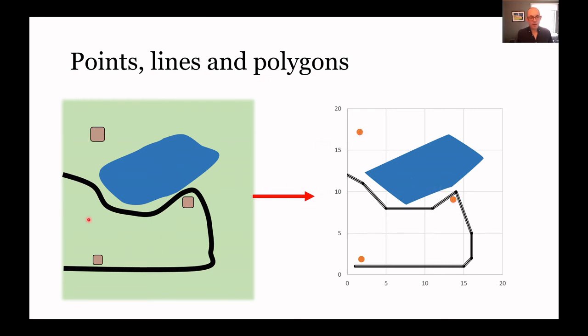We have a road here that becomes a line going around here, and then we have this lake, presumably, here as a polygon object. So they've then been entered into our GIS. We've gone from the reality to this GIS data.